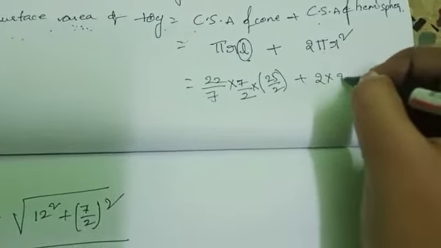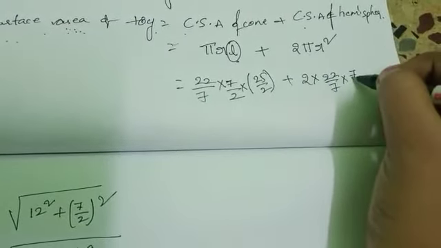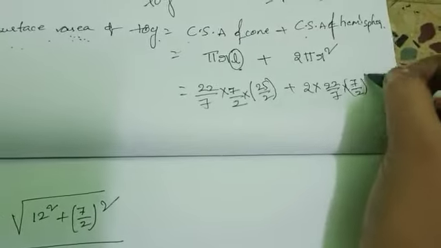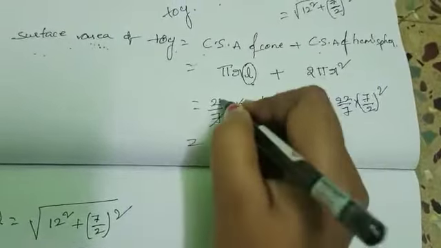Now 2 into pi value 22 by 7, r square is 3.5, write it as (7 by 2) whole square. The 7s get cancelled; 2 ones are 2, 2 11s are 22.